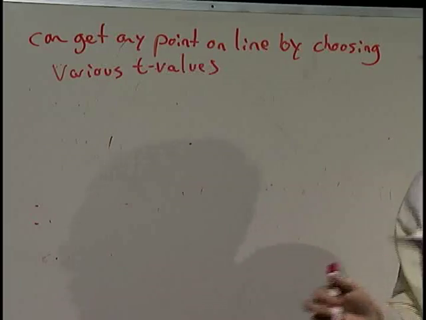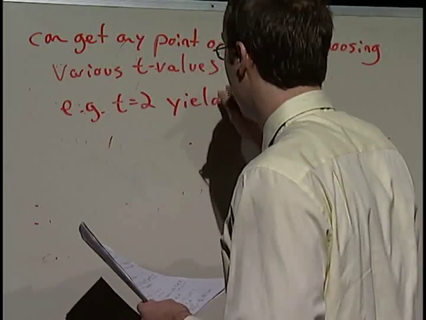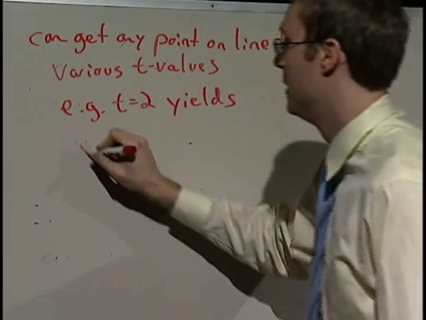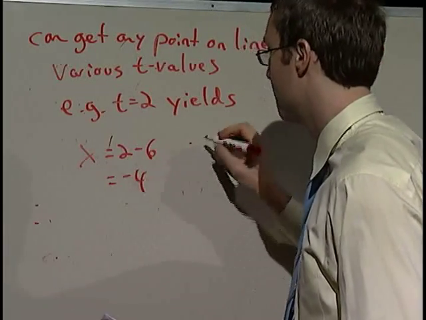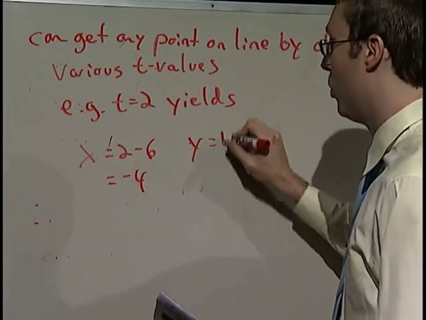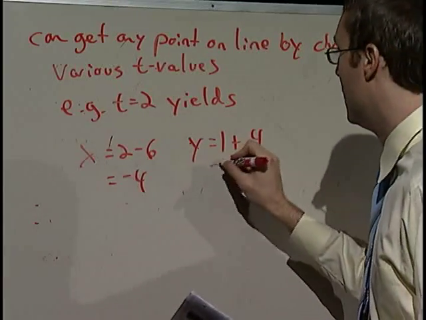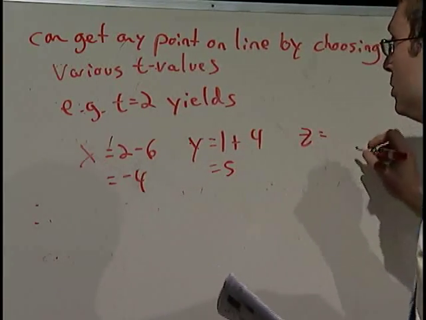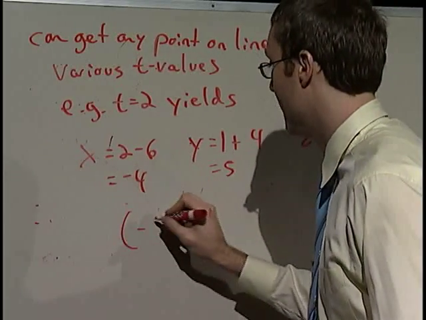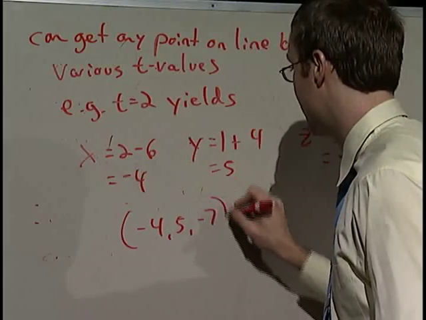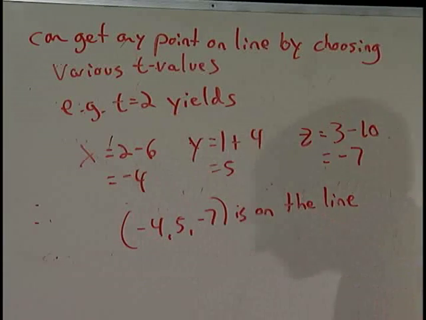So for example, if I like t equals 2, t equals 2 yields the point x equals 2 minus 6, which is negative 4. y equals 1 plus 4. I'm just plugging in t to these equations down here. Nothing fancy going on. y equals 5. And z equals 3 minus 10, which is negative 7. So the point (-4, 5, -7) is on the line.